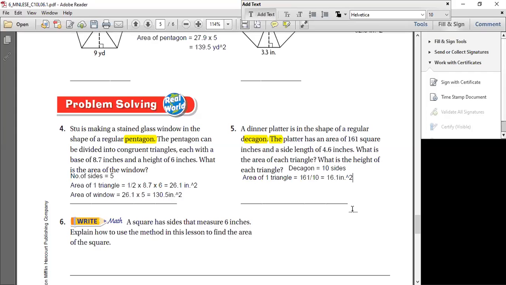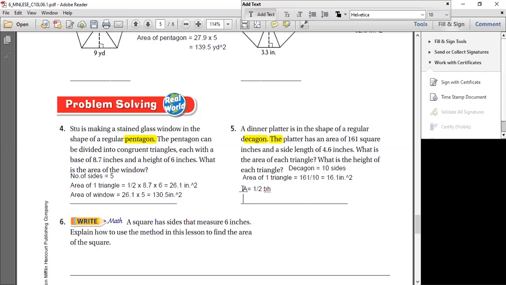Now that we know the area of one triangle is 16.1, we can find out the height of the triangle because the base is given to be 4.6. So first, the area of the triangle is half BH. So A equals half BH, right?